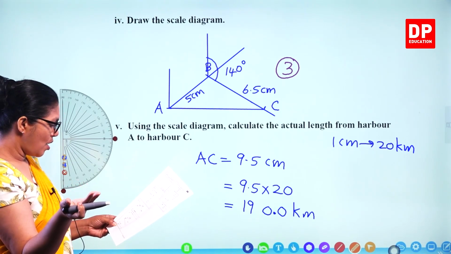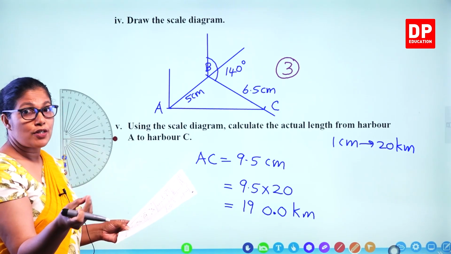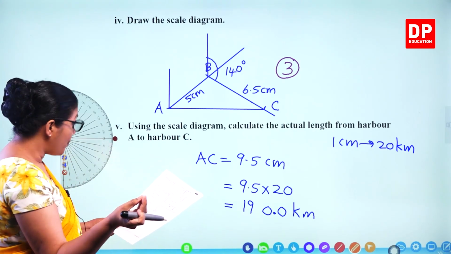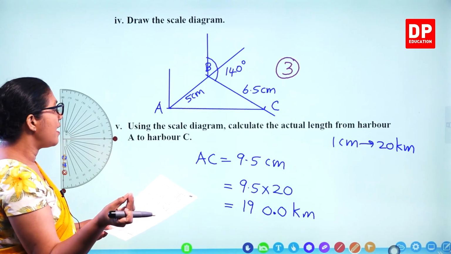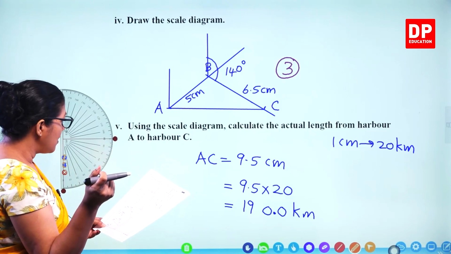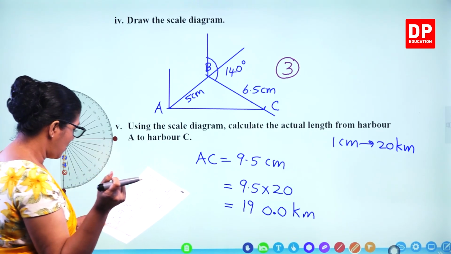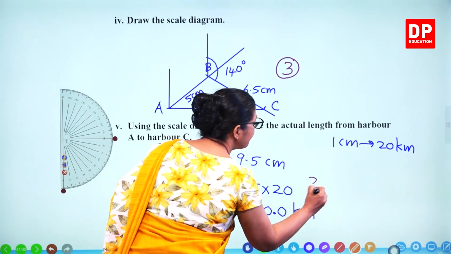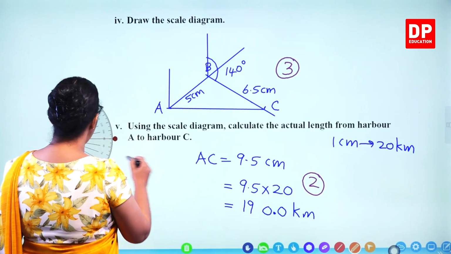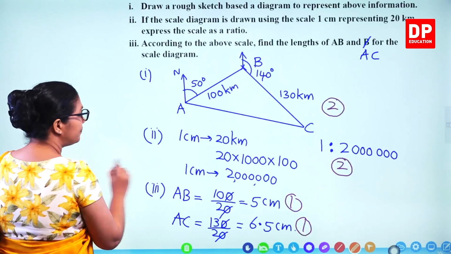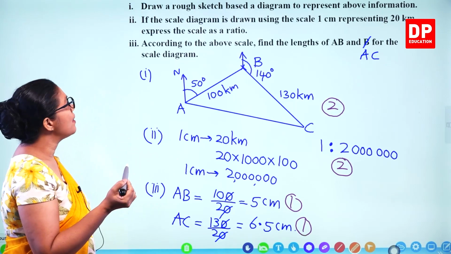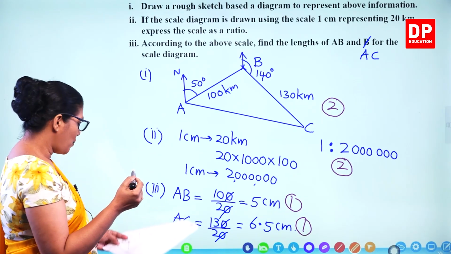Whatever you get, you have to multiply by 20. So I got 190, maybe you will get a different answer. So 2 marks for that. So how many marks altogether? 5, 6, 7, 8, 9, 10, 11. So 11 marks for the whole question.